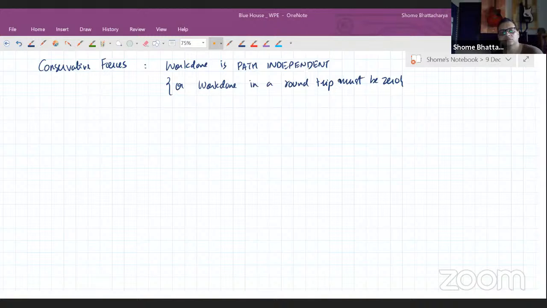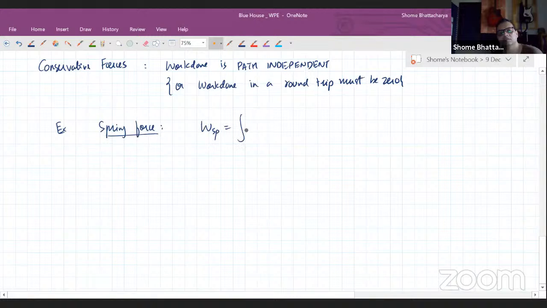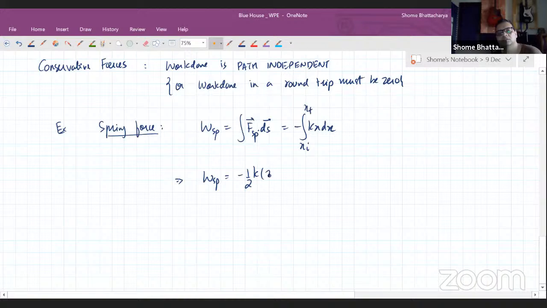Okay. So another example of this is spring force. We've seen work done by a spring. When we do this integration, it comes out to be minus of kx dx integrated from initial position to final position. So the work done has a formula like this. Now we can see in the formula the dependence of work done is only on the position, not on the path.